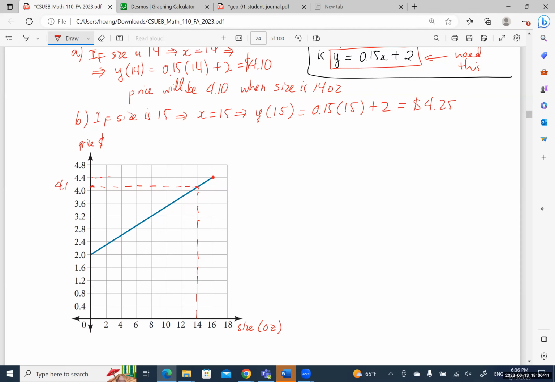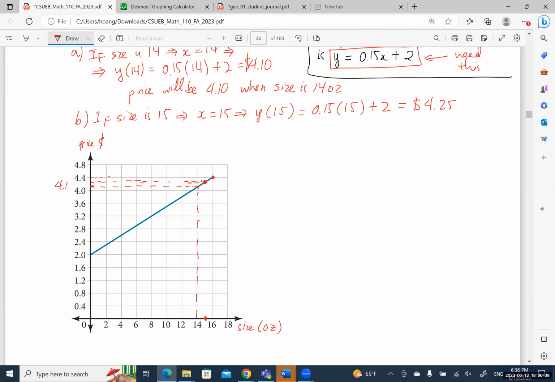And if you want to find 15, make the line at 15 and map it to the graph here. It's supposed to be this point, and you can see it's about 4.25. So that is a way we estimate by graphing.